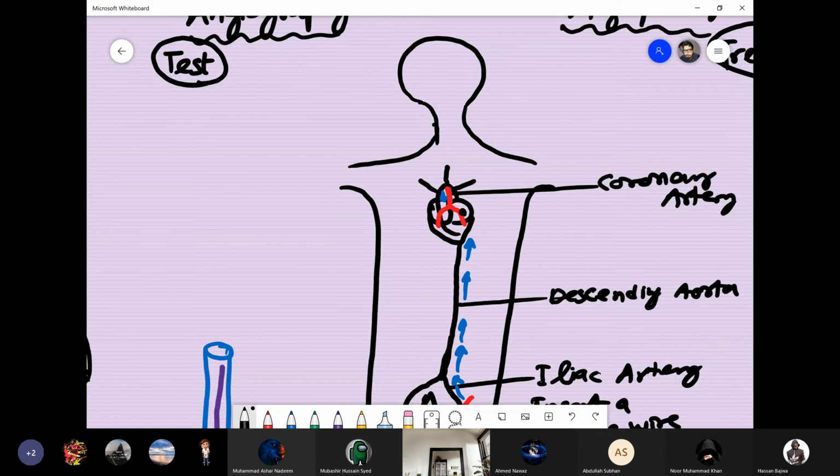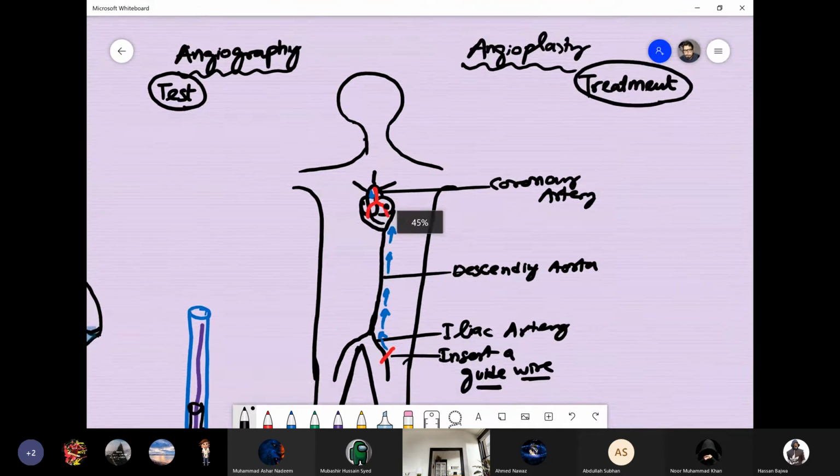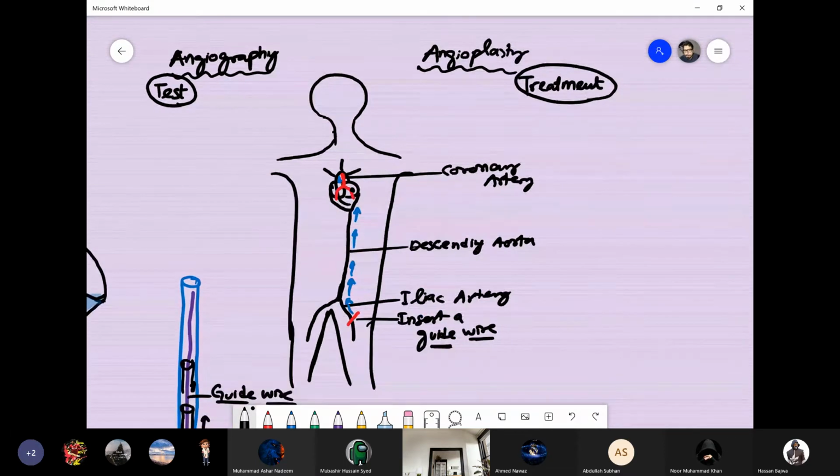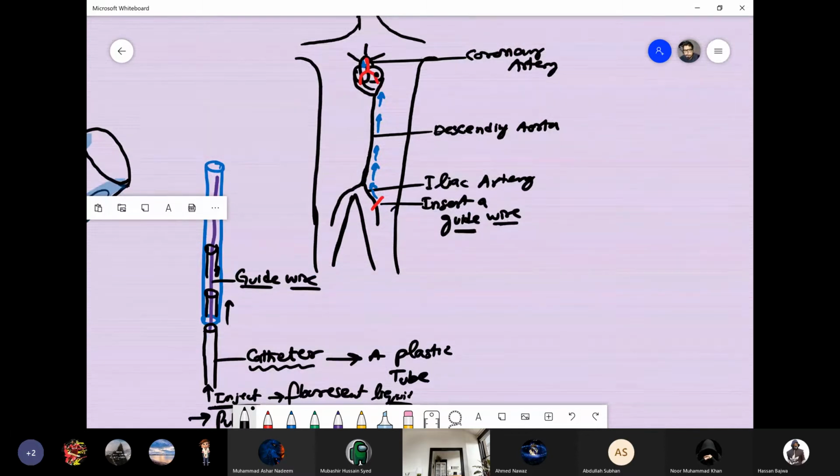Now what has the doctor found? They have found out the problem: this left coronary artery has become narrower because of the atherosclerosis. Now the next step is that they want to fix this problem. They want to make it wider.